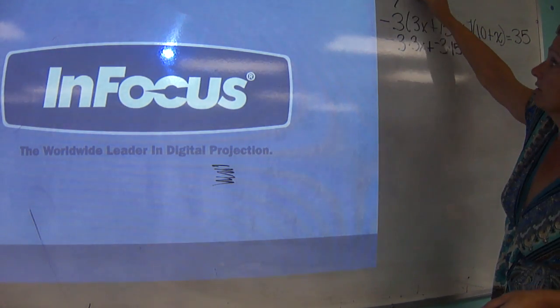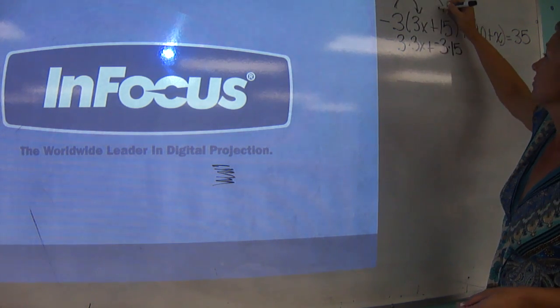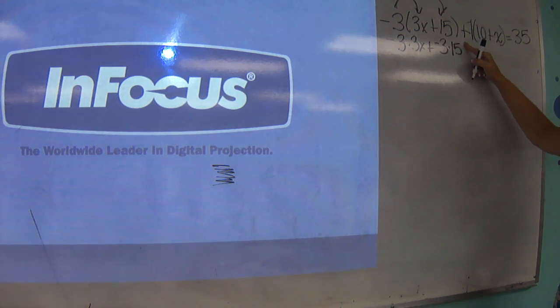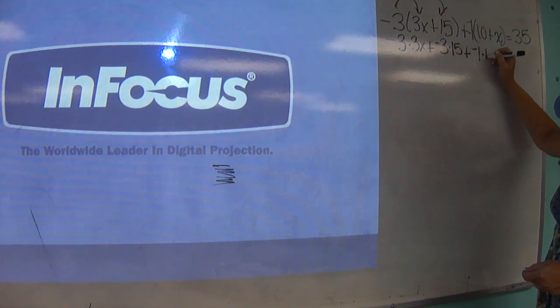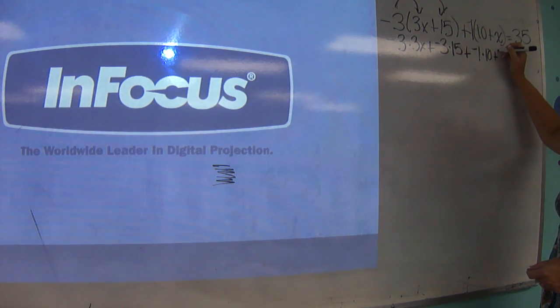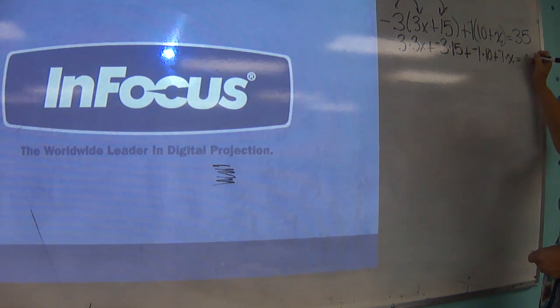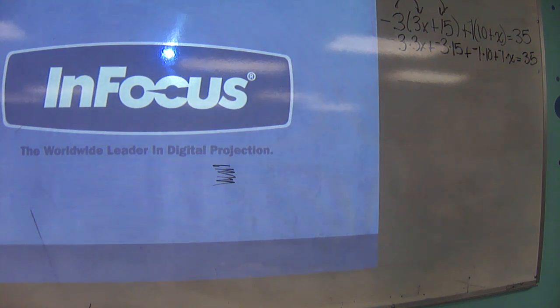Everybody see how that worked? We multiplied that, we multiplied that. Because this was subtraction, we still have to distribute that subtraction, plus -1 times 10 plus -1 times x, and that's going to equal 35. Everybody see how we distributed both of those?